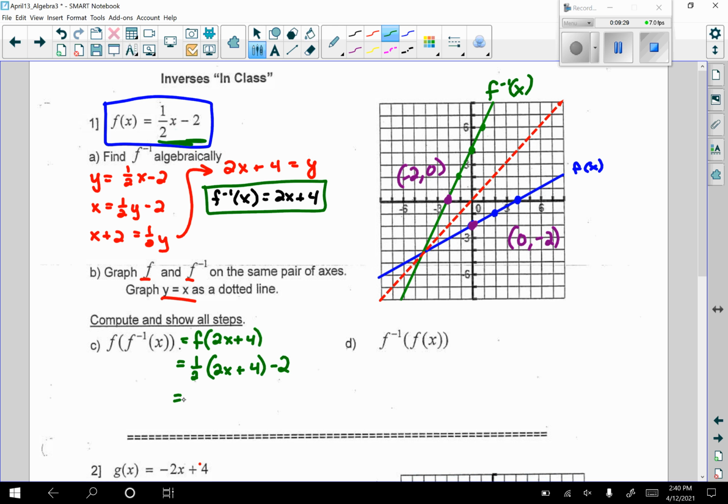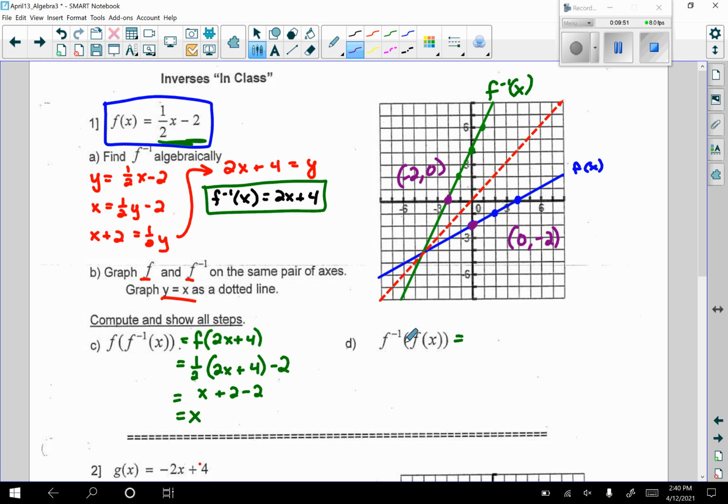Now what should happen here is everything should cancel because they're inverse operations, and we should be left with an x, but we have to show it. So half of 2x is just x, half of 4 is plus 2, then a minus 2, so we're just left with x. Just the opposite here, we are going to take our function 1/2 x minus 2 and put it into the 2x plus 4.